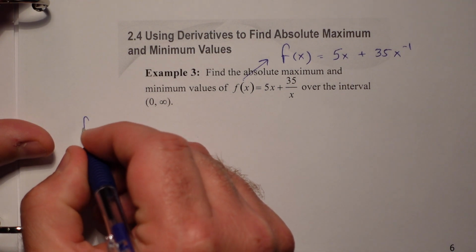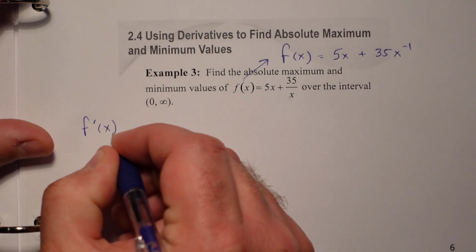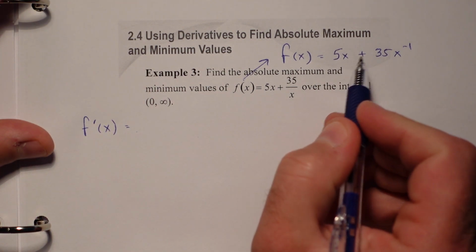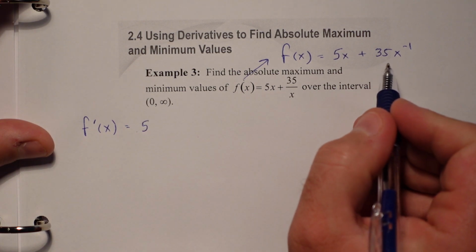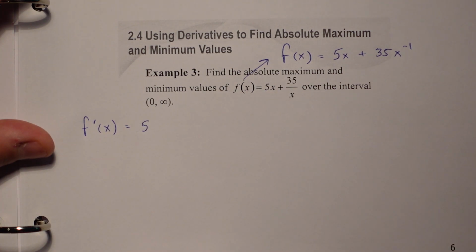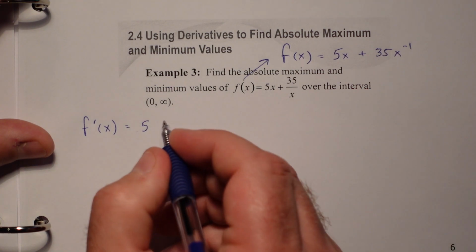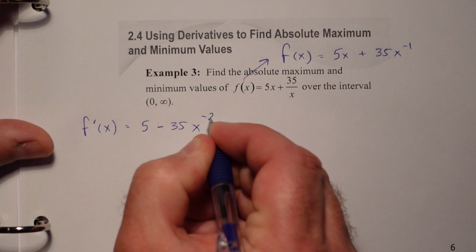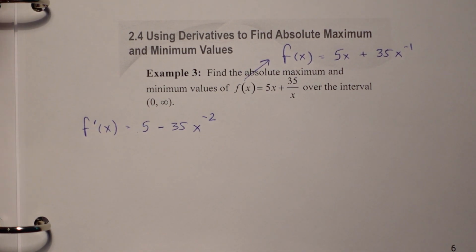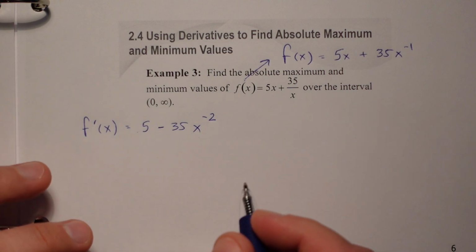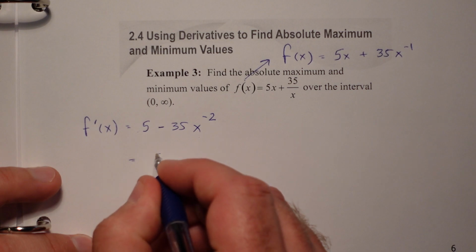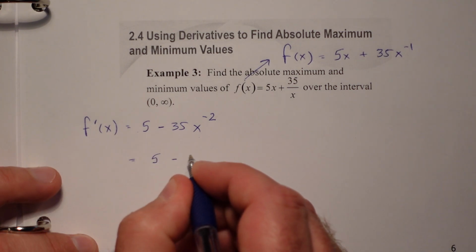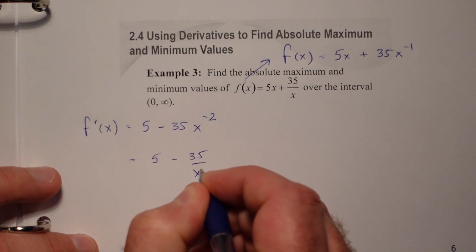So over here to the left, I'm going to write that f prime of x, well, the derivative of 5x is 5. And for the derivative of the second term, I'm going to use my power rule. So the negative comes down, negative 35x to the negative second power. Then, of course, you can go ahead and move the exponent back down to the denominator. So this is going to be a 5 minus 35 over x squared.